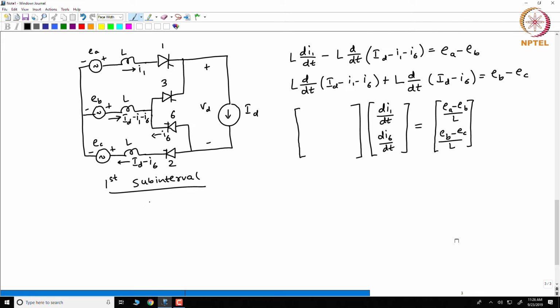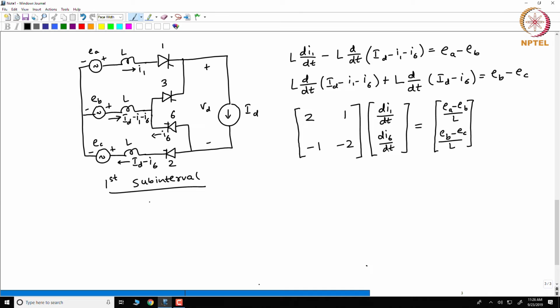The coefficients that remain: in the first equation the coefficient of di1/dt is 2, and the coefficient of di6/dt is 1. In the second equation, the coefficient of di1/dt is minus 1, and the coefficient of di6/dt is 2. So this is our equation.